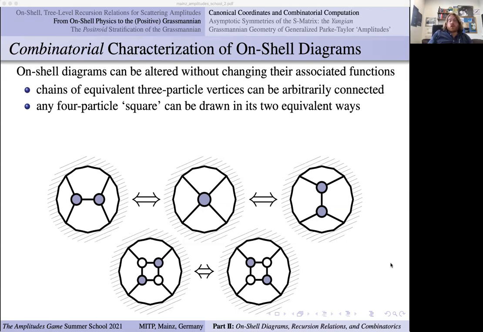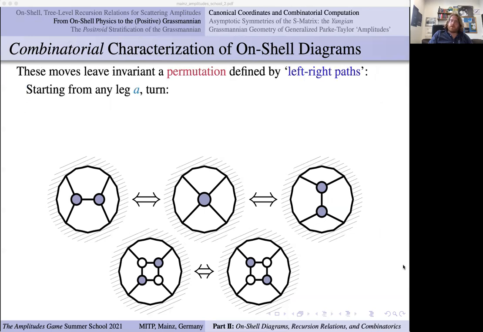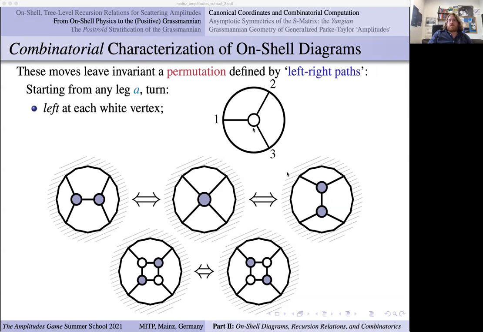And it turns out that the set of two-colored planar graphs that are related by these two sets of moves, also with white vertices merged, can be easily characterized by a very simple combinatorial label, which is a permutation defined as follows. You start on the outside of the graph, at leg A. So say you start at leg 1, and then you go into the graph and you turn left at every white vertex. So 1 goes to 2, 2 goes to 3, and 3 goes to 1.